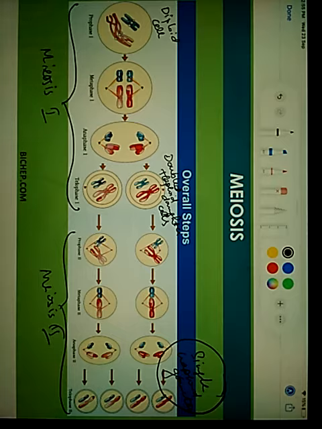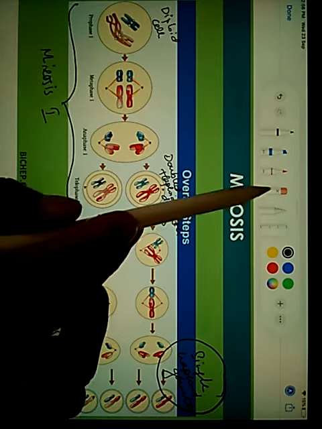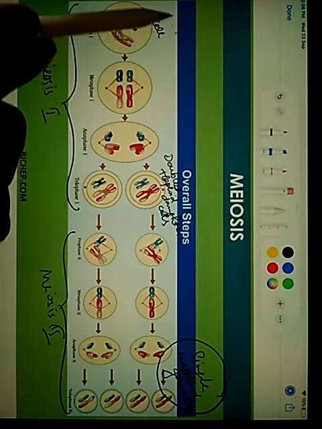If both gametes were diploid, then the zygote would be tetraploid, which is not possible. So in order to maintain the diploid condition generation to generation, we need gametes in the haploid condition, and for producing haploid gametes we require the meiosis process. So that's the importance of meiosis.